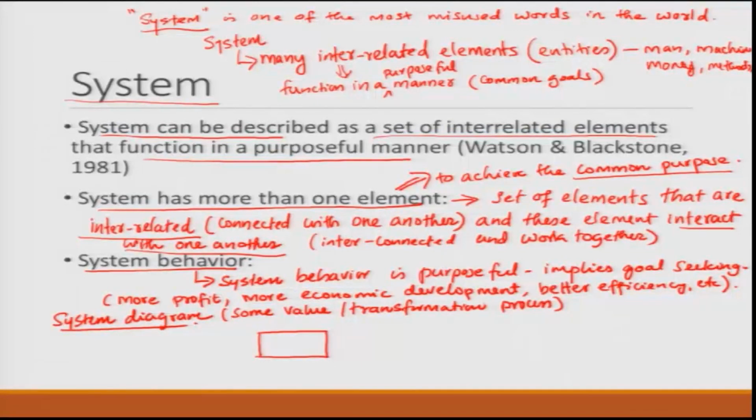So there is some process involved. You have something called inputs, you input various aspects into the system. These inputs go through what we call processes, and these processes will provide you what we call outputs.